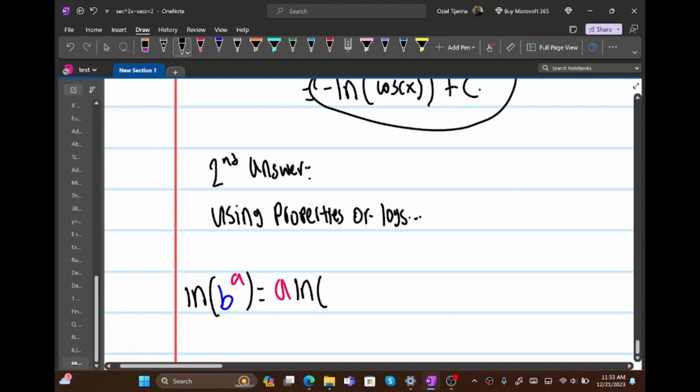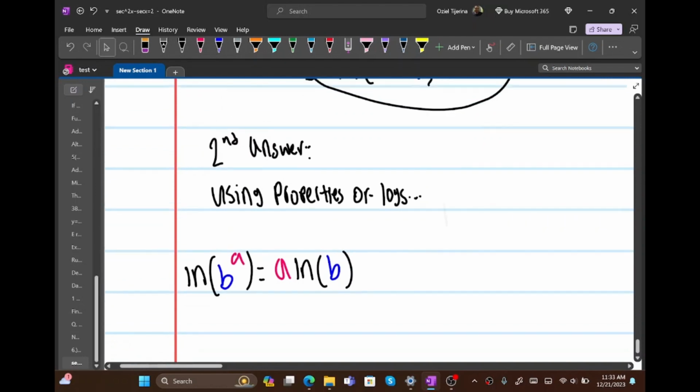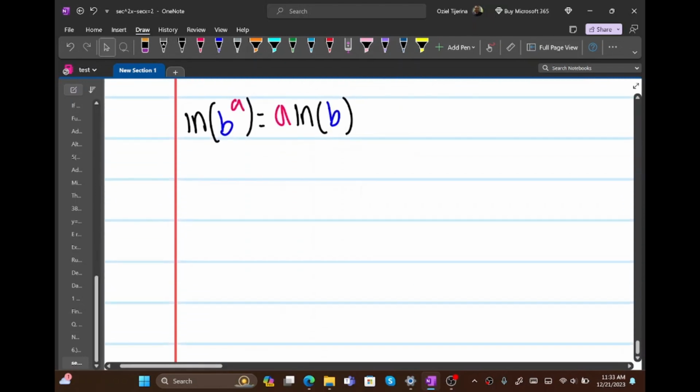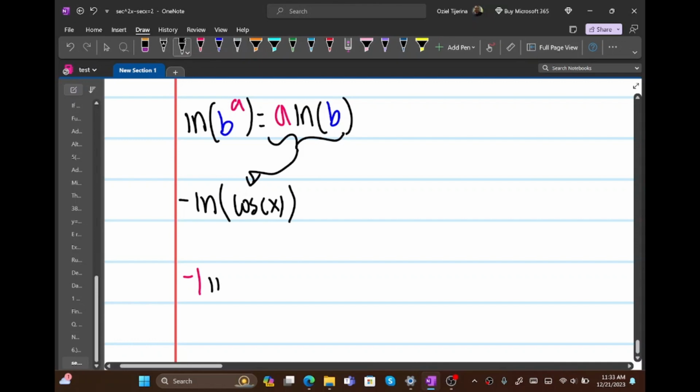And so here, we're going to go ahead and use this to rewrite negative natural log of cosine of x, in terms of, actually, we're going to go backwards. So right now it is of this form, if you think about it, because we have -1 natural log of cosine of x.